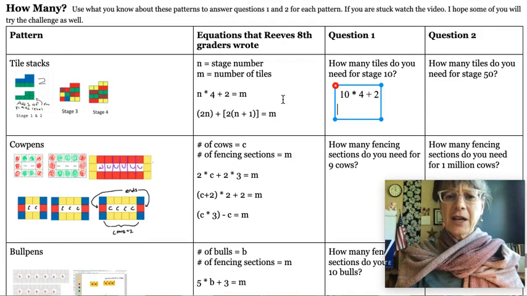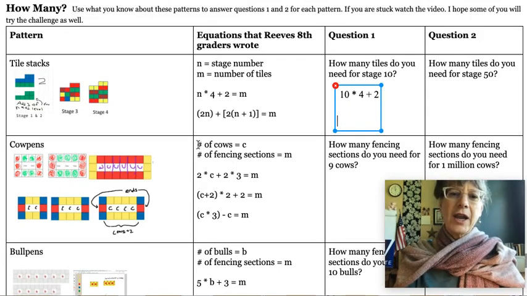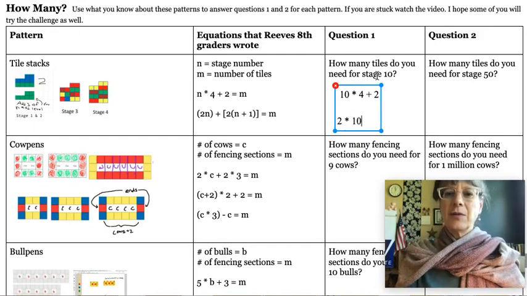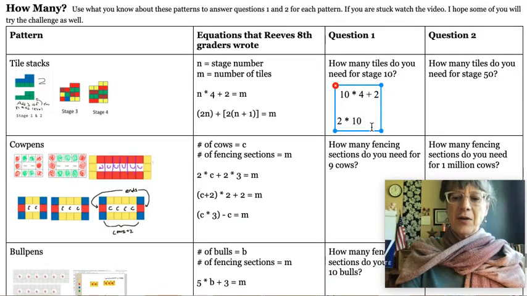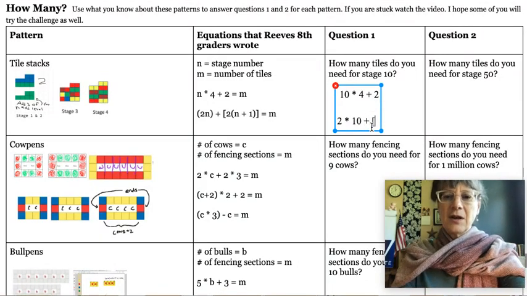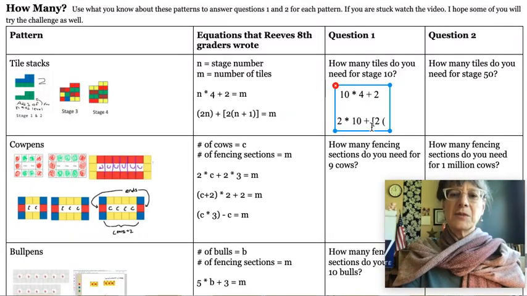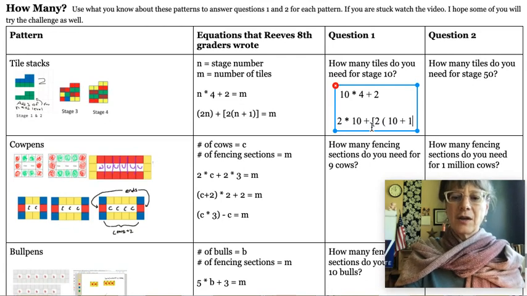If I chose the second one, it looks a little more complicated, but it works the same way. Instead of typing n, I would type 2 times 10, because I'm looking for the number of tiles in stage 10, plus 2 times 10 plus 1.